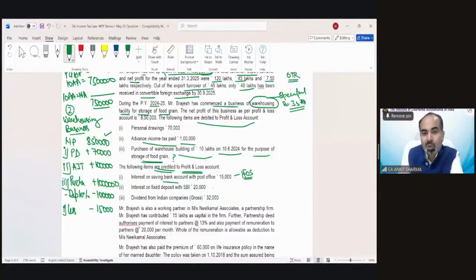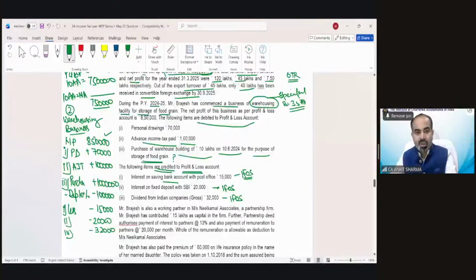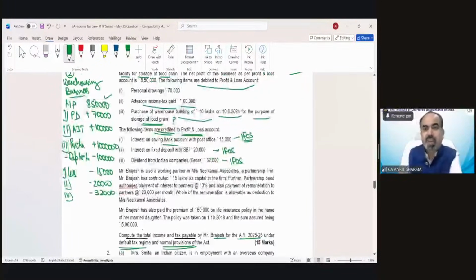Interest on fixed deposit, again income from other sources. Dividend from Indian company, again income from other sources, need to reduce. There is other information regarding working partners.